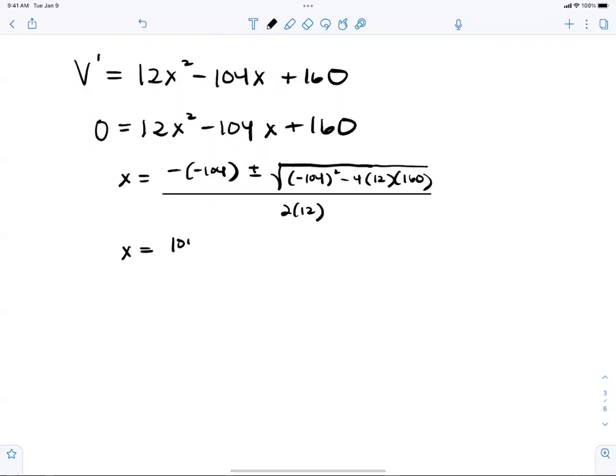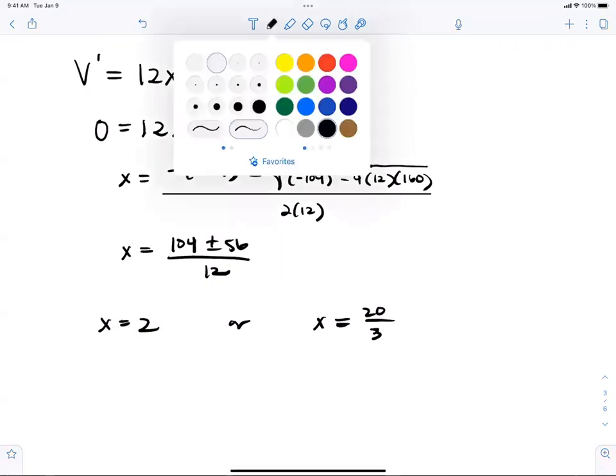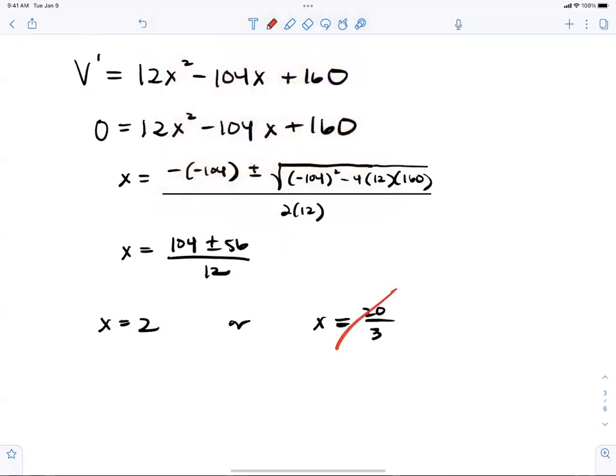So this ends up being 104 plus or minus 56, divided by 12. So we get x equals 2 or x equals 20/3, which is too big, so not considered. So our only critical number is 2.